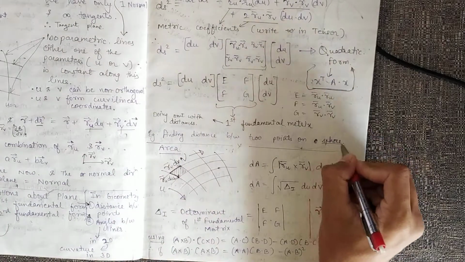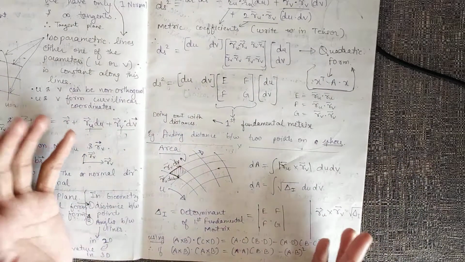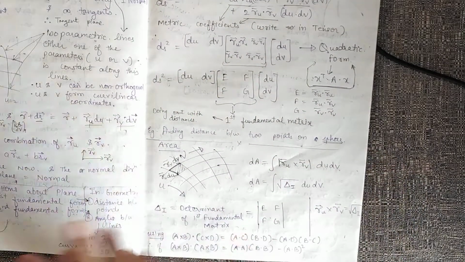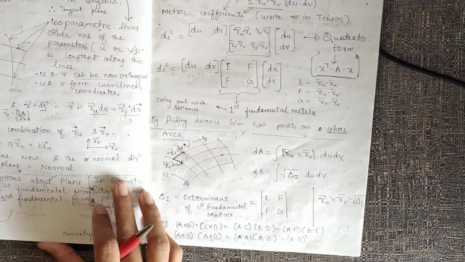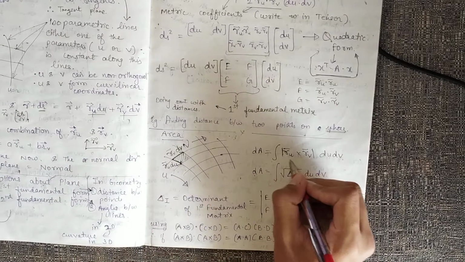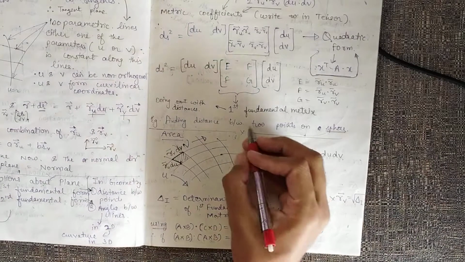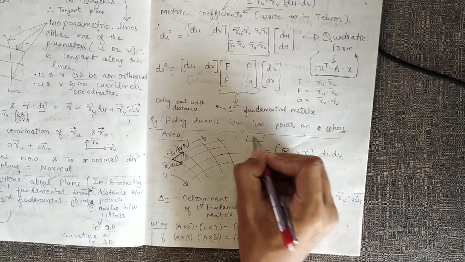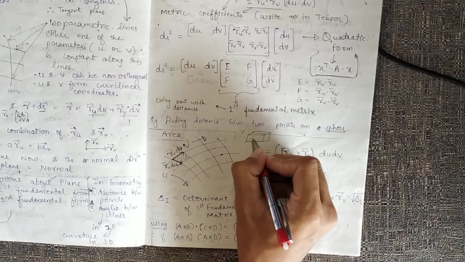A sphere means a surface, and if it's a solid thing, we call it a ball. We need not say sphere for a solid, as that would cause confusion. Then if we want to find the area between two curves, it's very simple: ru cross rv, a cross product, very similar to the parallelepiped where we did the vector triple product.